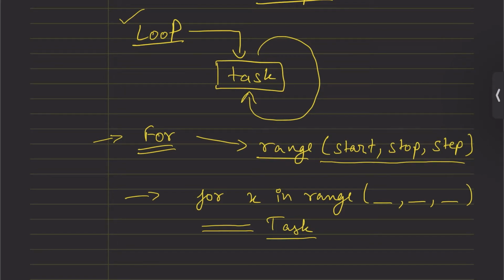Whatever you write after the indent will be under the supervision of the loop. So the loop will decide how many times this particular task will be executed, how many times a statement or a number of statements will be executed.